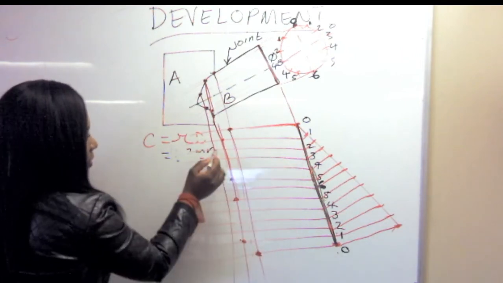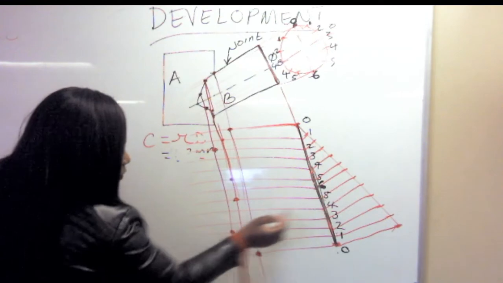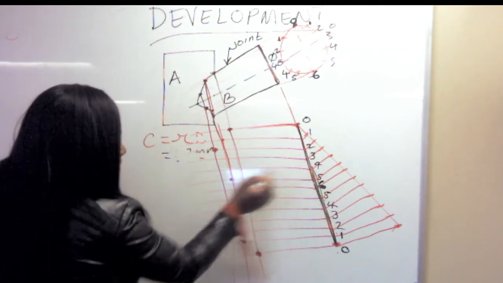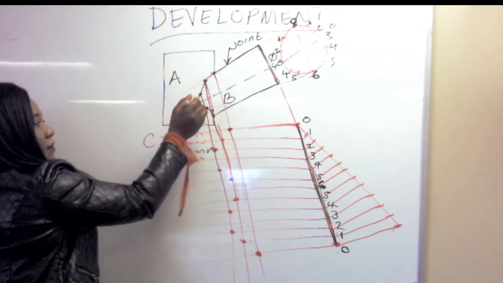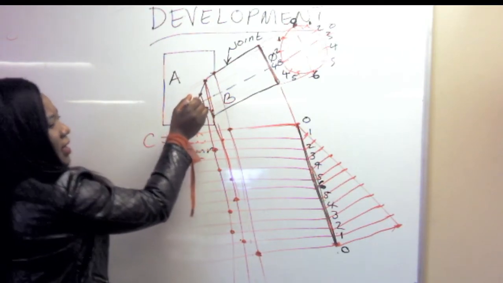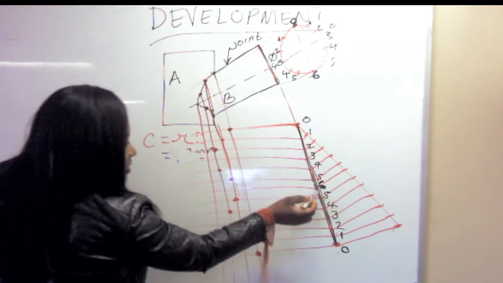Then you come here, you mark on 2. You come here, you mark on 2 and 4. Same here. Can you see? Yes. Then you have this one, number 3. This is 3. You draw a line, and there is 3.